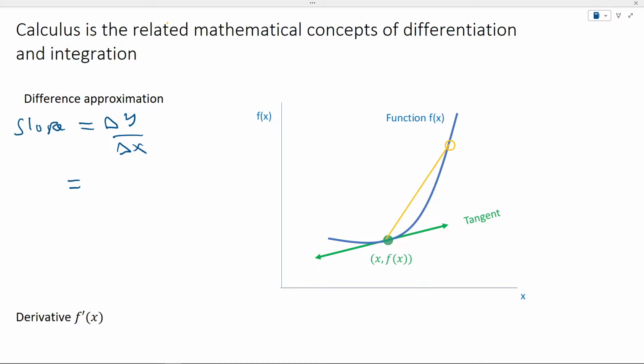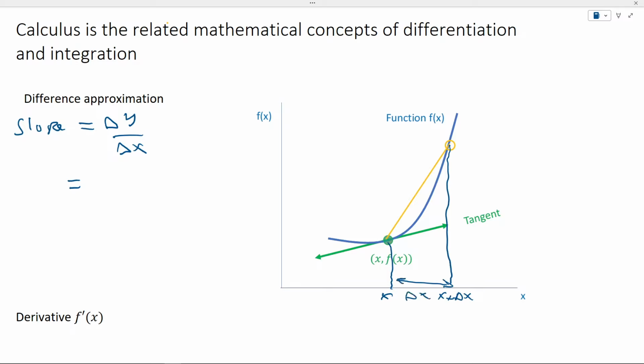So dy in that case would be, so here we have, let's say, this is x and this is x plus delta x. This distance here is delta x.